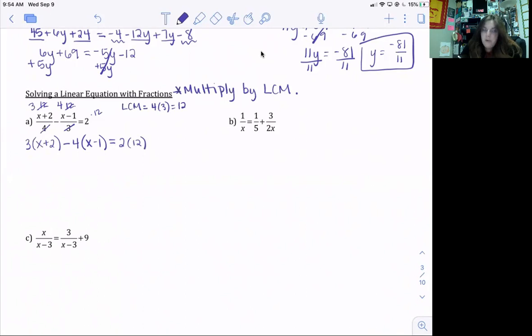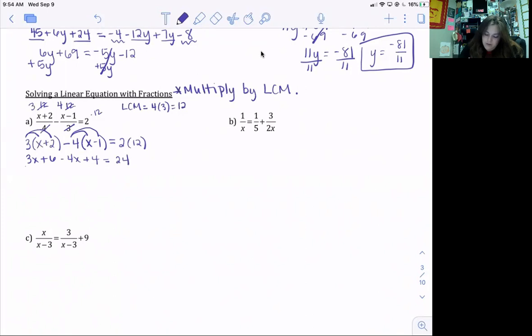Now we're going to distribute. So 3 times x is 3x. 3 times 2 is 6. Then distribute again. So negative 4 times x is negative 4x. And negative 4 times negative 1 is a positive 4. And 2 times 12 is 24.